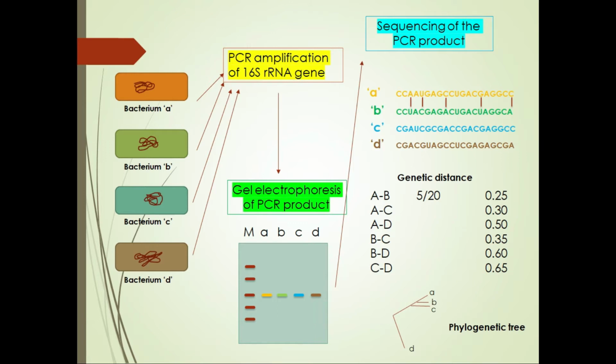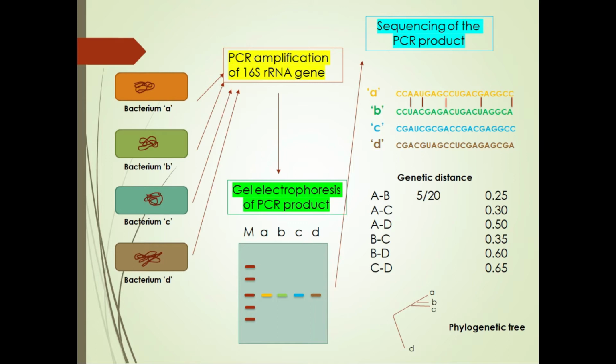So, what is the difference? Out of 20 nucleotides, 5 are different. So here 5 by 20 becomes 0.25. This 0.25 is the measure of genetic distance between A and B. Similarly, when we calculate the genetic distance between A and C, it comes to 0.3.